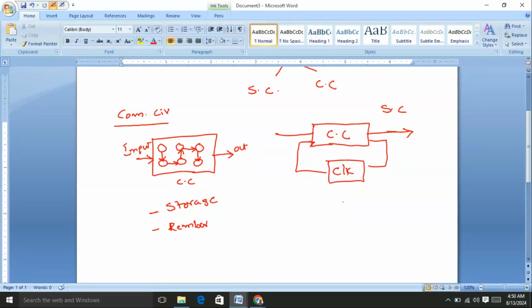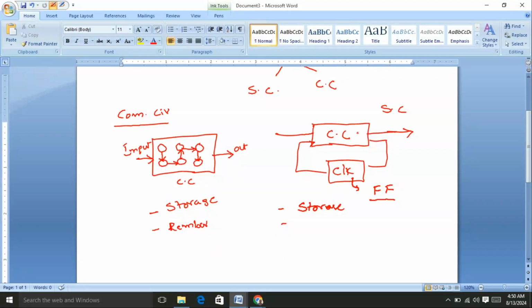The clock is manufactured with the help of flip-flops. We know that flip-flops are also used to store data. Hence, a sequential circuit has storage capability and it is able to remember.